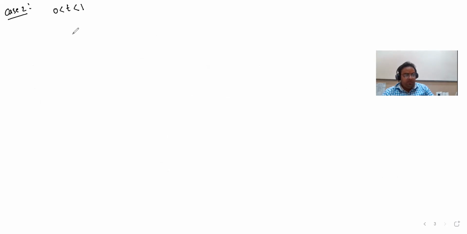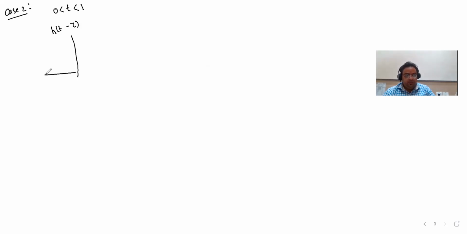Because our x of tau, remember, is varying from 0 to 2. So we'll take one by one. Suppose t is some value greater than 0 and less than 1, 0.4, 0.3, 0.5, 0.6, any value. So how will our h of t minus tau look?